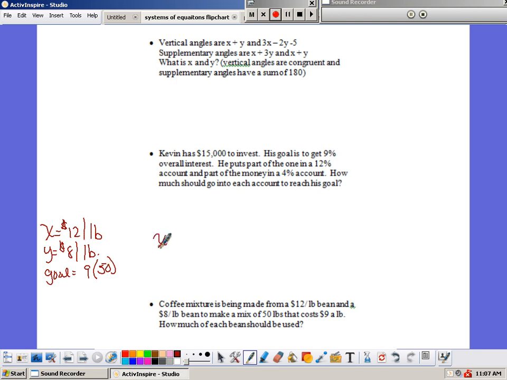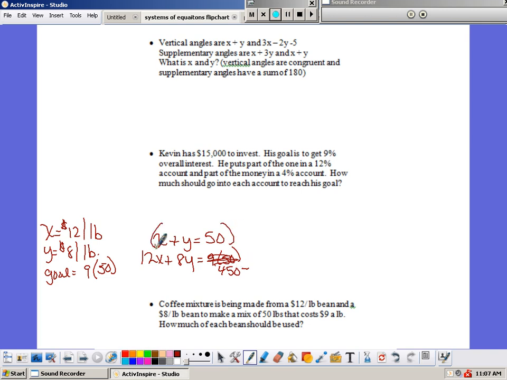So I have x plus y equals 50 pounds because the two of them together have to equal the 50 pounds. Then it's 12x plus 8y for the $12 bean and the $8 bean equals my goal of 9 times 50, which is 450.